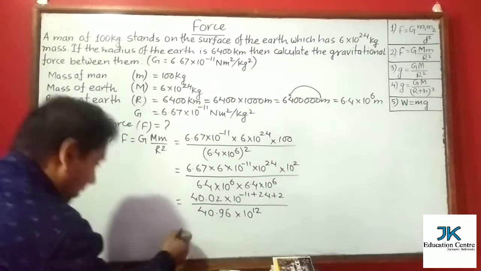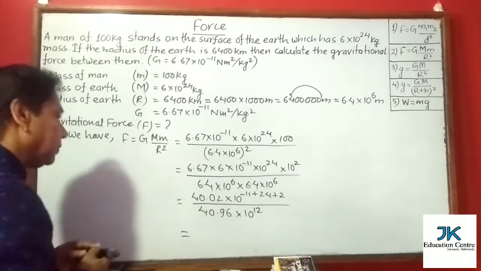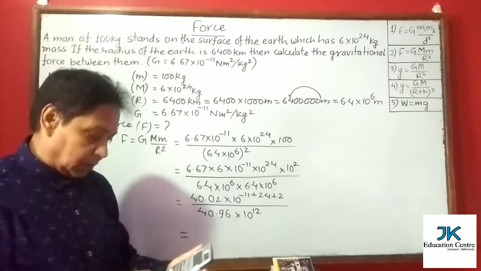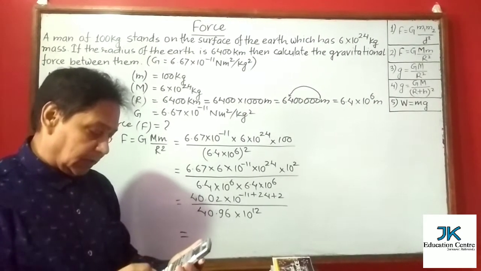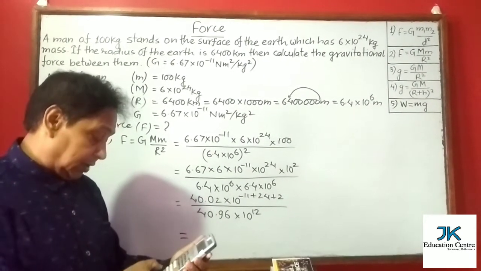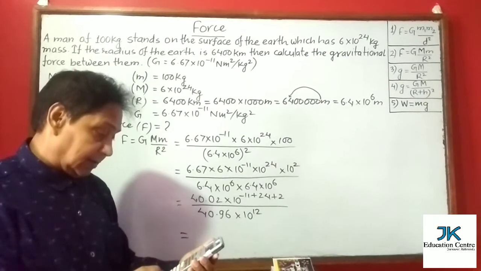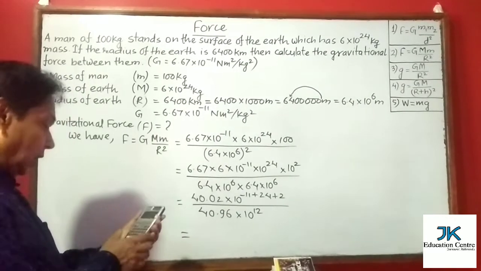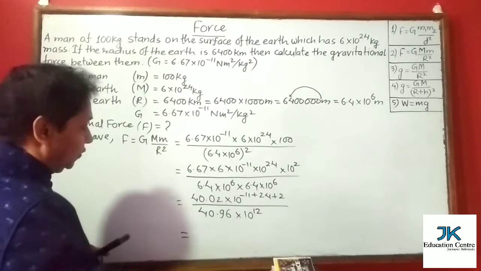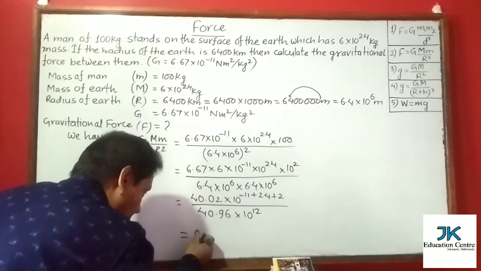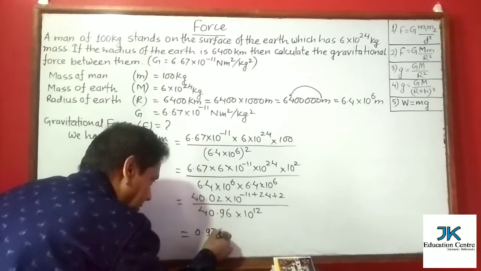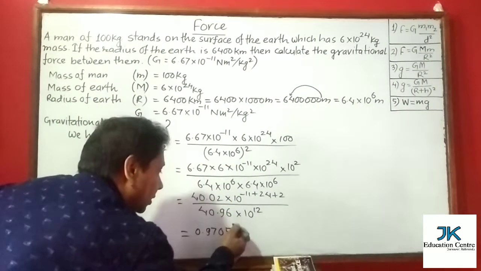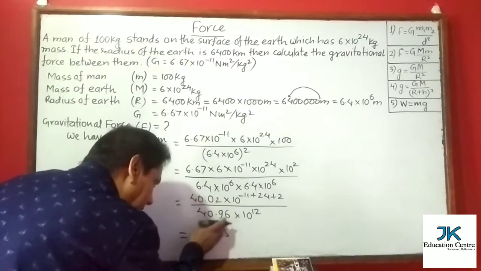Okay, now next, look at this. 40.02 divided by 40.96 is equal to 0.97705.